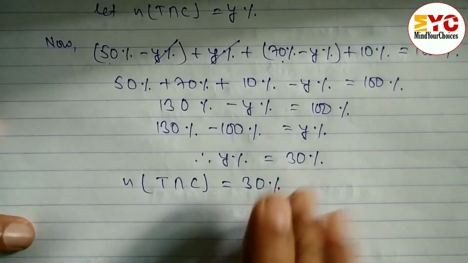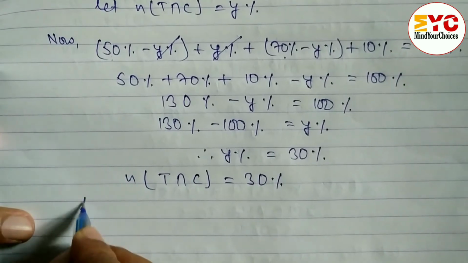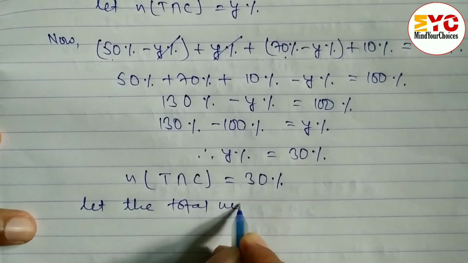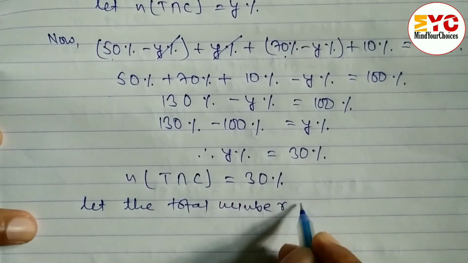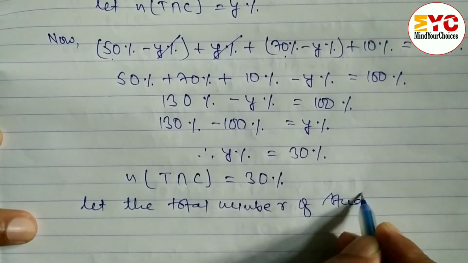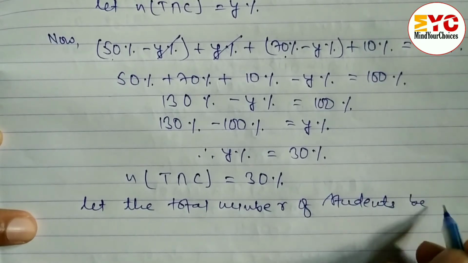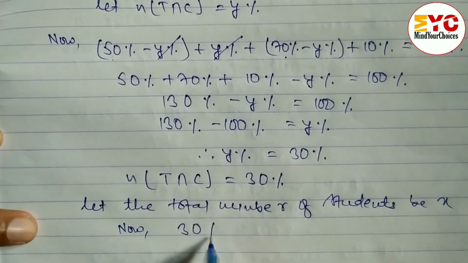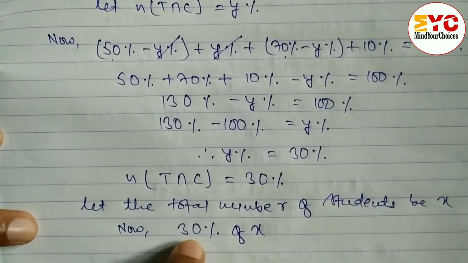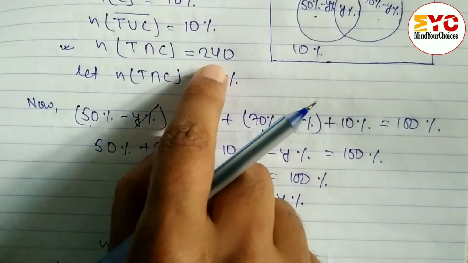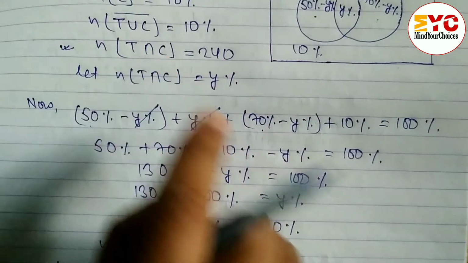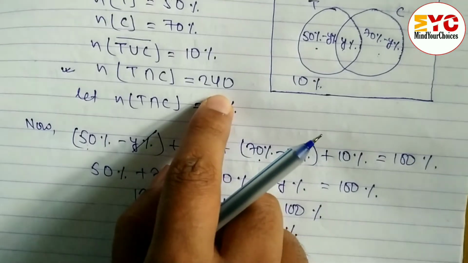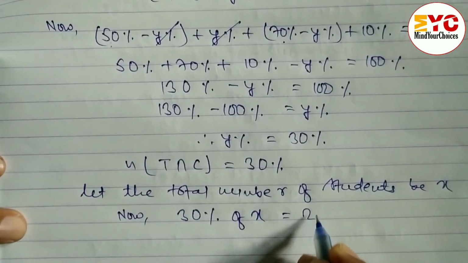So let the total number of students be x. Now 30% of x, 30% of total students, is equal to 240.